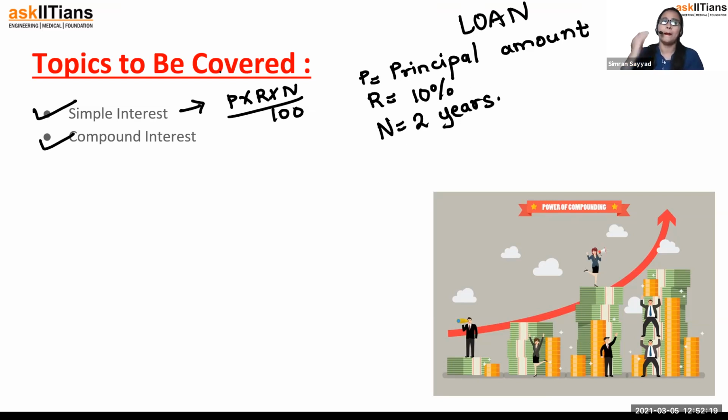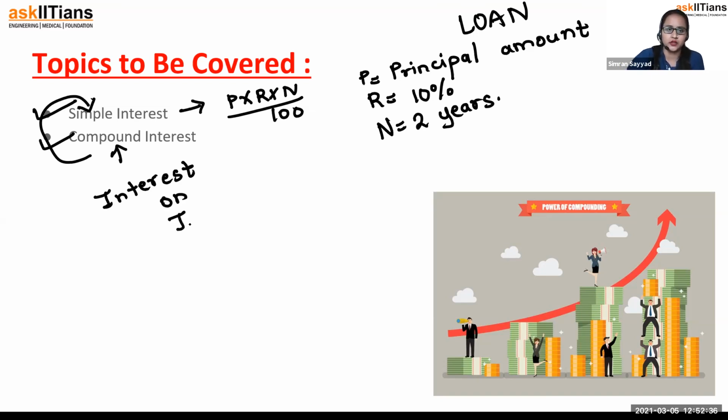That's it. Okay. But what is compound interest? Compound interest is very different than the simple interest. It is not similar. So compound interest, you can only keep in your mind, is nothing but interest on interest. Let's consider this as a phrase.